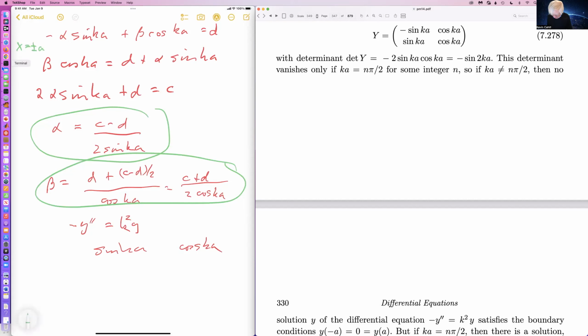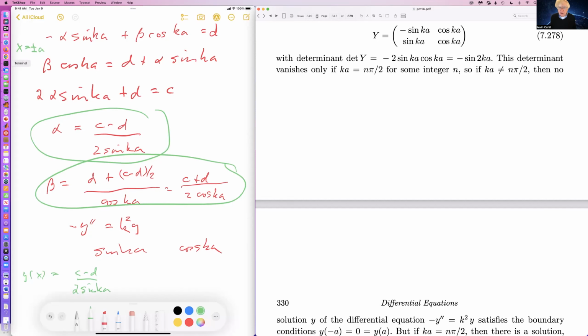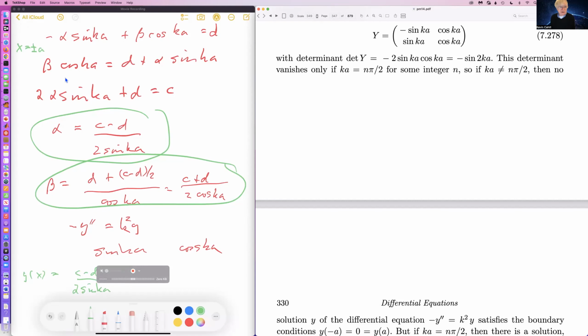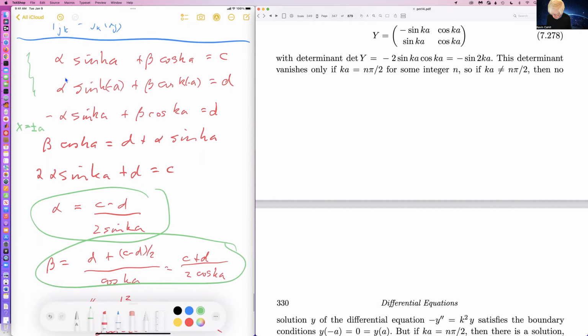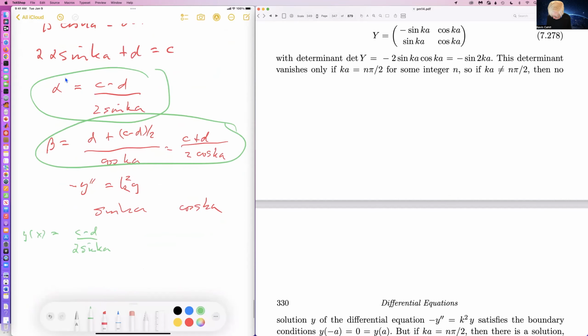And so the solution is y of x is equal to C minus D over twice the sine Ka times sine kx plus C plus D over 2 cosine Ka times cosine kx.